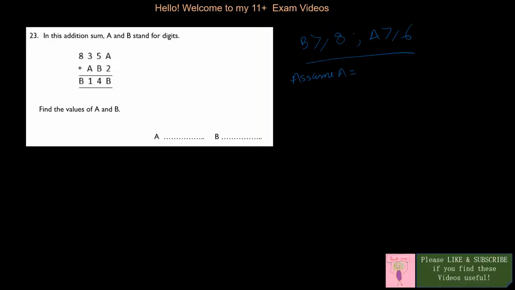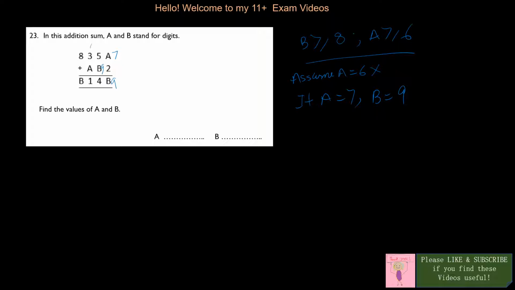If A equals 6, 6 plus 2 is 8. That's great, but then 5 plus 8 is not 14. 5 plus 8 is 13. So A should be 7. If A is 7 and B is 9, what do we get? 7 plus 2 is 9, so B is 9, and 5 plus 9 is 14.